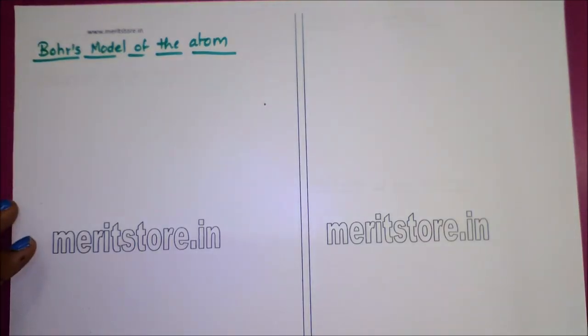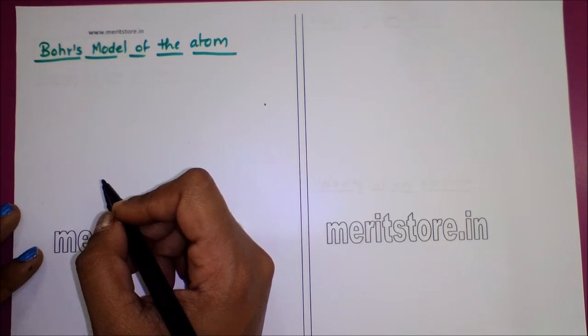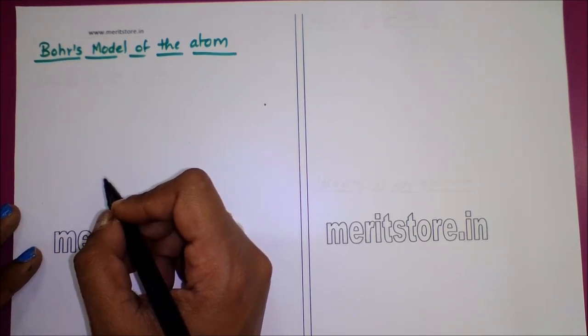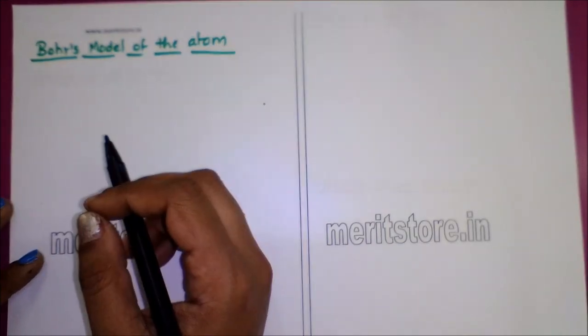The next atomic model that we'll be discussing is the Bohr's model of atom. Bohr gave some corrections to the atomic model which was proposed by Rutherford and J.J. Thomson.